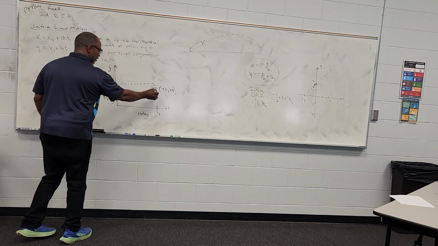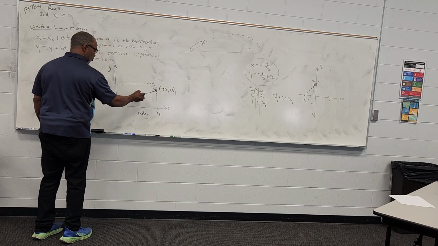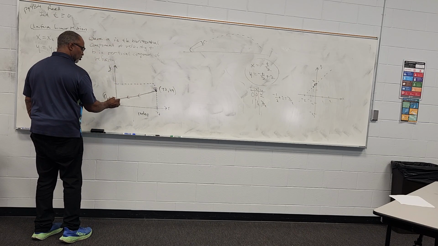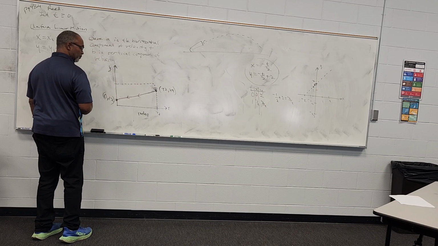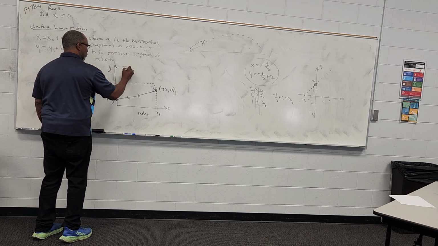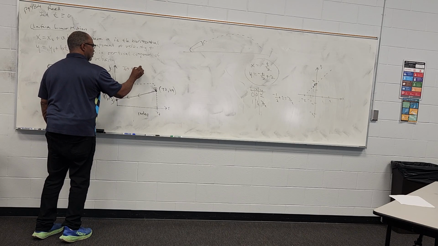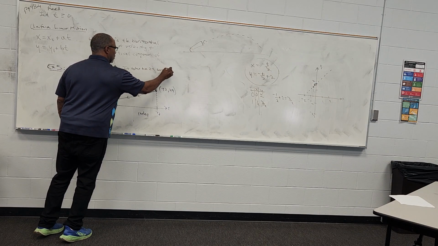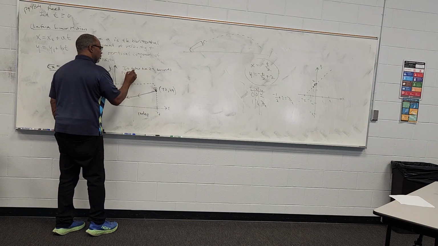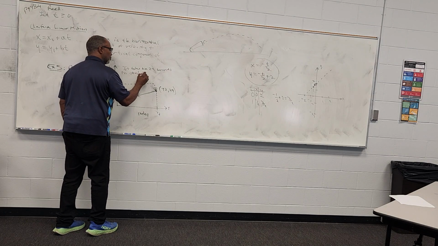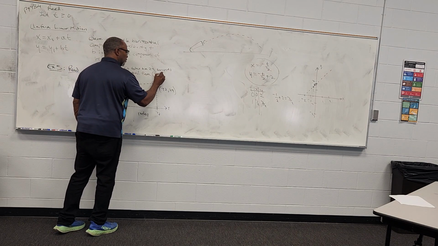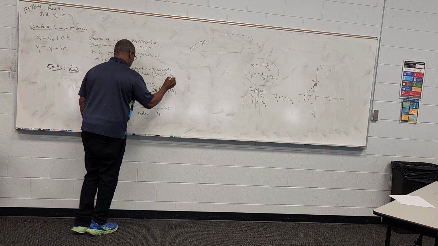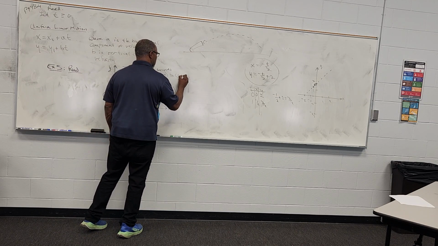An ant starts out at this point, 72, 24, and he's crawling along to here. He's going to crawl to the point 0, 12. It takes him 24 seconds to crawl from 72, 24 to 0, 12.